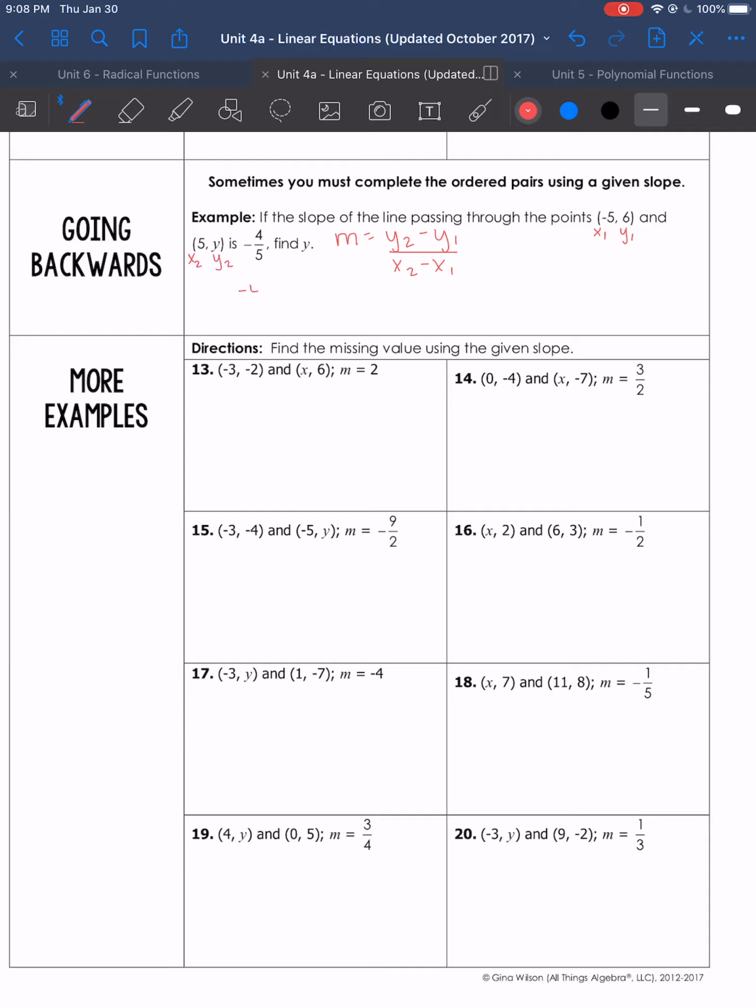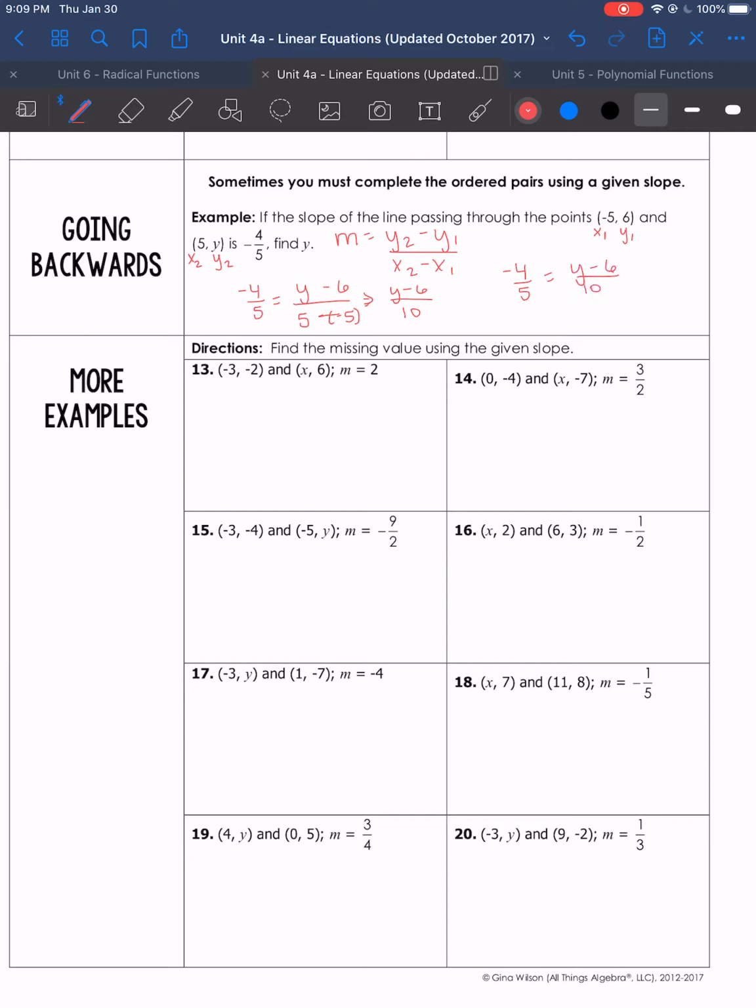So we're going to have negative 4/5 equals y minus y1, which is 6, divided by x2, which is 5, and then x1, which is minus a negative 5. So y minus 6 is going to stay on top, and I'm going to have 5 minus a negative 5, so you add them together and you get a 10. So now I have negative 4/5 equals y minus 6 over 10.